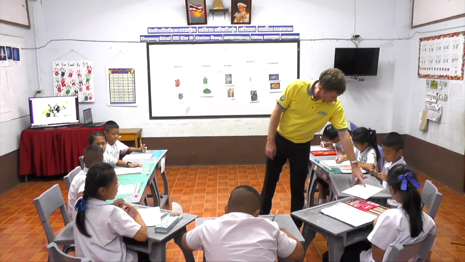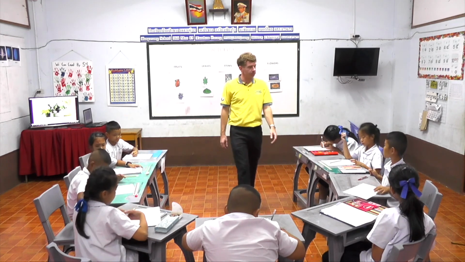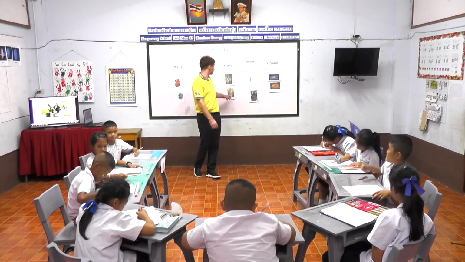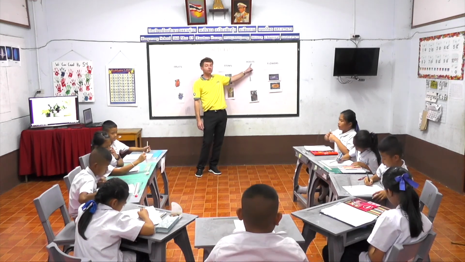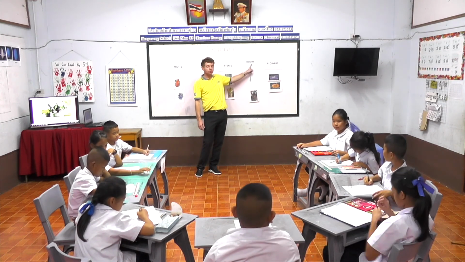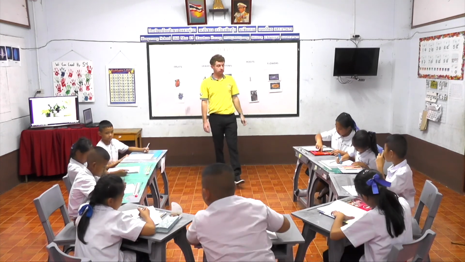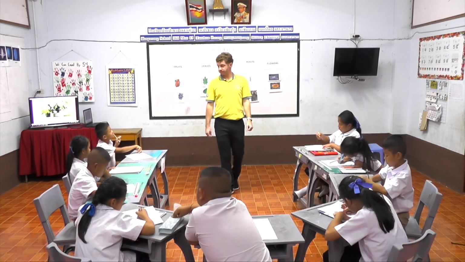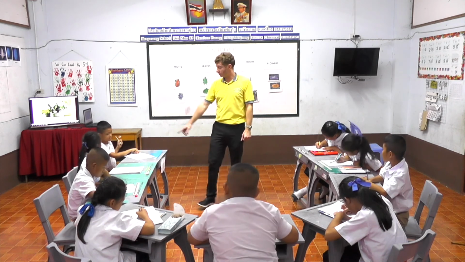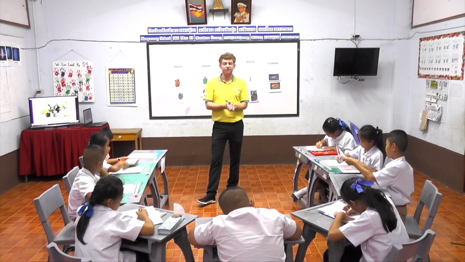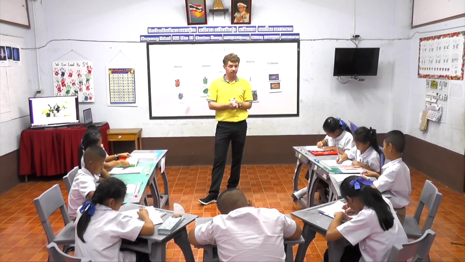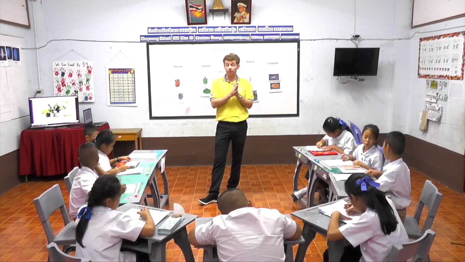Excellent. And then what about the bottom of the plant? That keeps the plant inside the soil. Roots. Roots. Yes. Excellent, Hugh. And now you can begin to colour your flower and your leaf. Your leaves will probably be green, but your flower can be any colour you like.